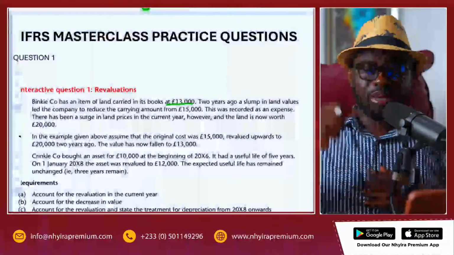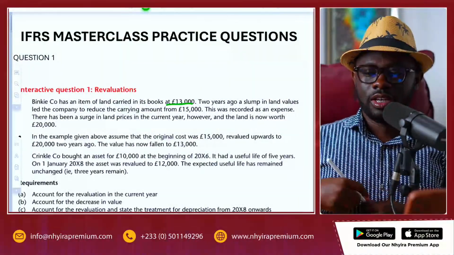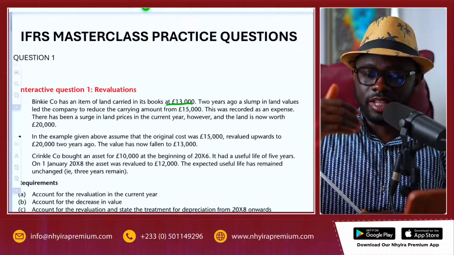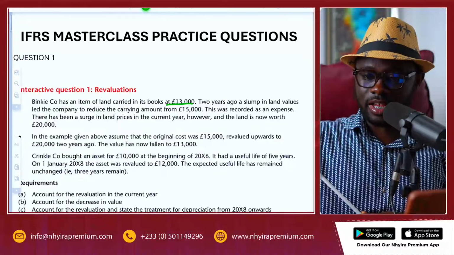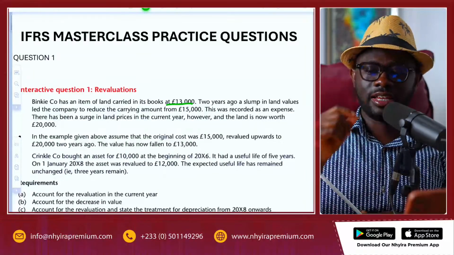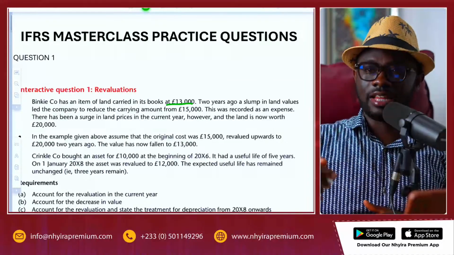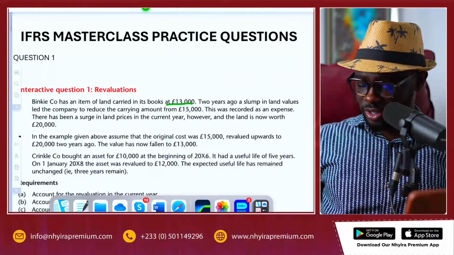But let's see what's happening now. There has been a surge in land prices in the current year. The land is now worth £20,000.